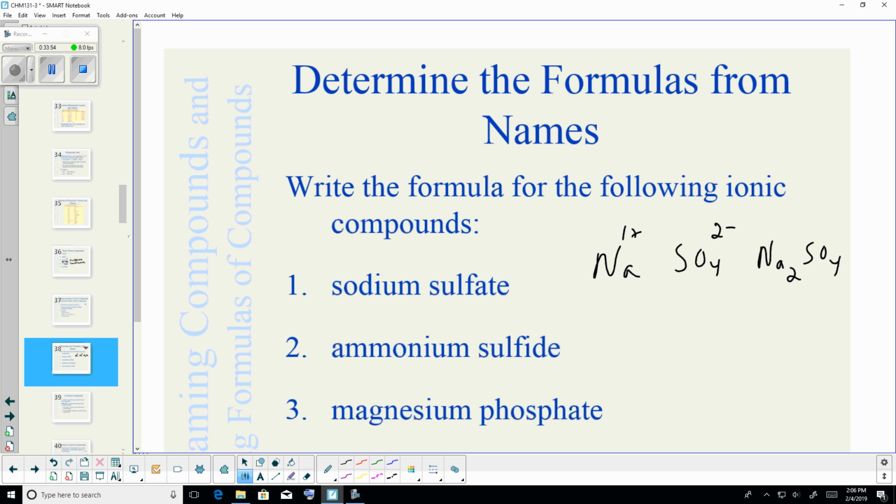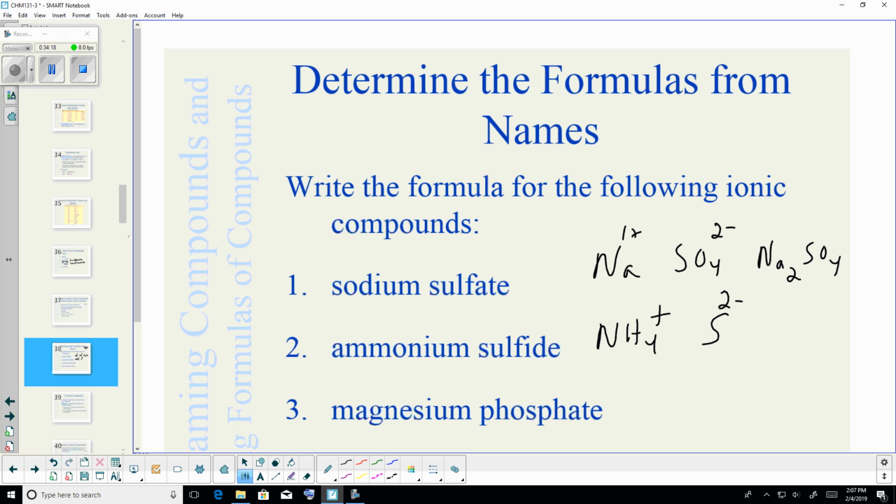Ammonium sulfide. What is the formula for ammonium? You look on the table. NH4 plus. And then sulfide is just sulfur. Sulfur has what charge? Two minus.